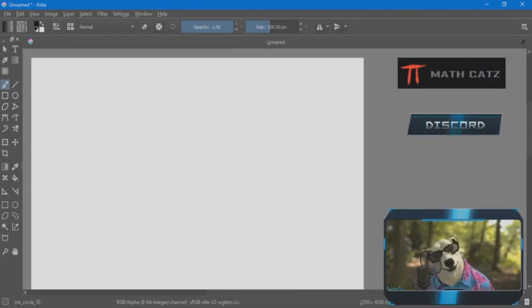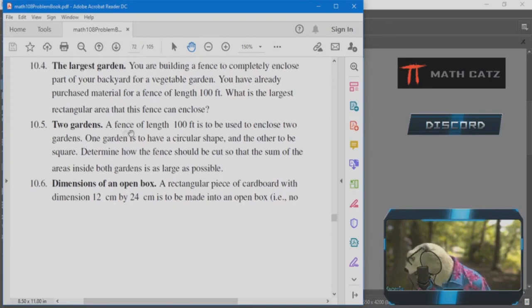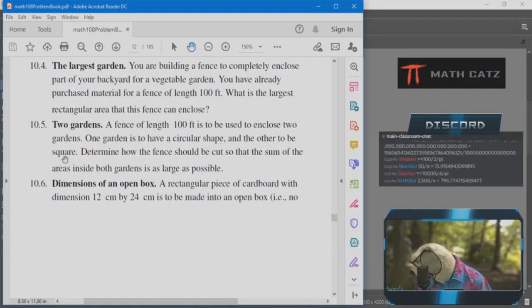All right, next, let's look at problem 10.5. A fence of length 100 feet again is to be used to enclose 2 gardens this time. One garden is to have a circular shape and the other should be a square.